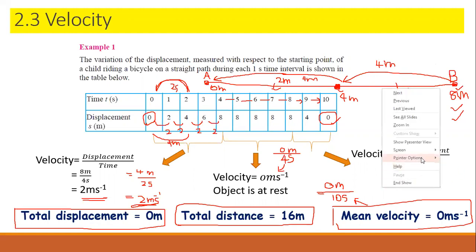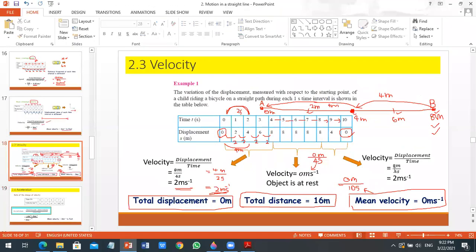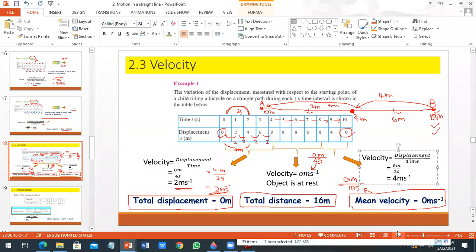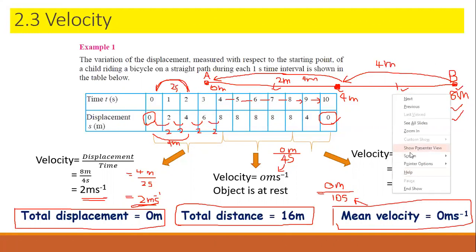Again, here it should be 2 seconds. It has gone only 2 seconds, 2 seconds only. So here 8 meters has been traversed within 2 seconds. So our answer is 4 meters per second. That is our velocity when coming back.